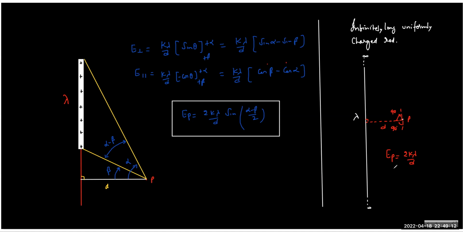So the net answer is in the direction perpendicular because of symmetry, and the answer turns out to be 2k lambda by d.